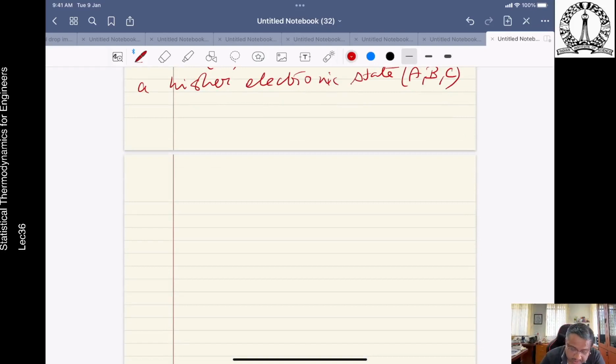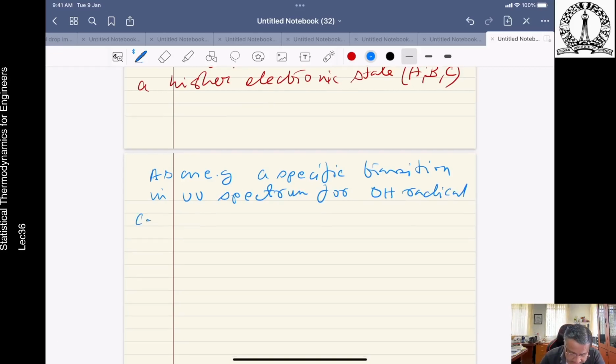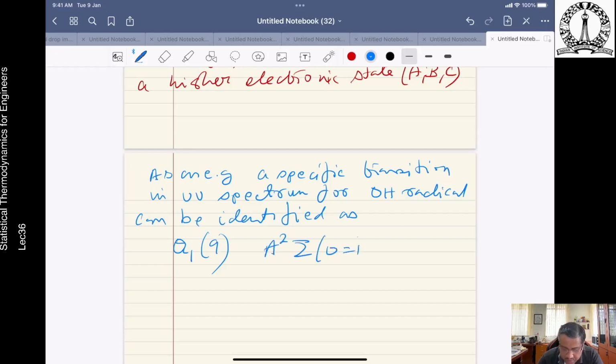A specific transition in the UV spectrum for the OH radical can be identified as Q1(9), A ← X (0, 0).